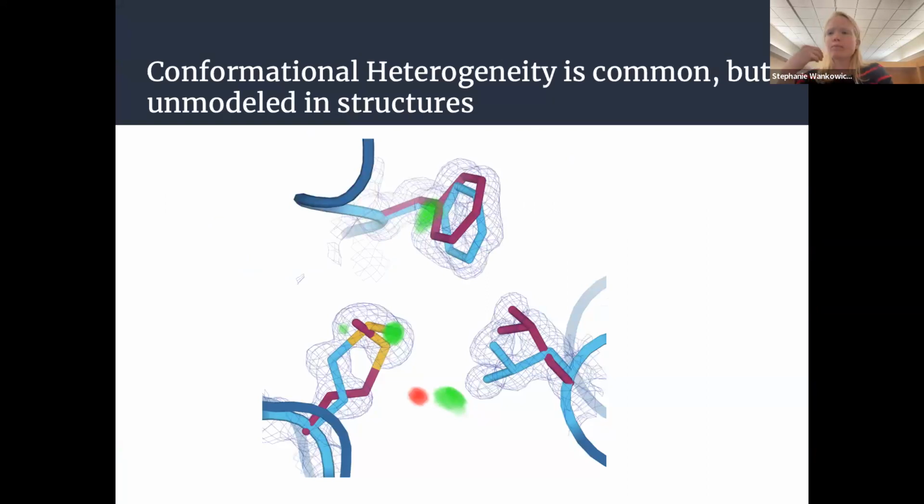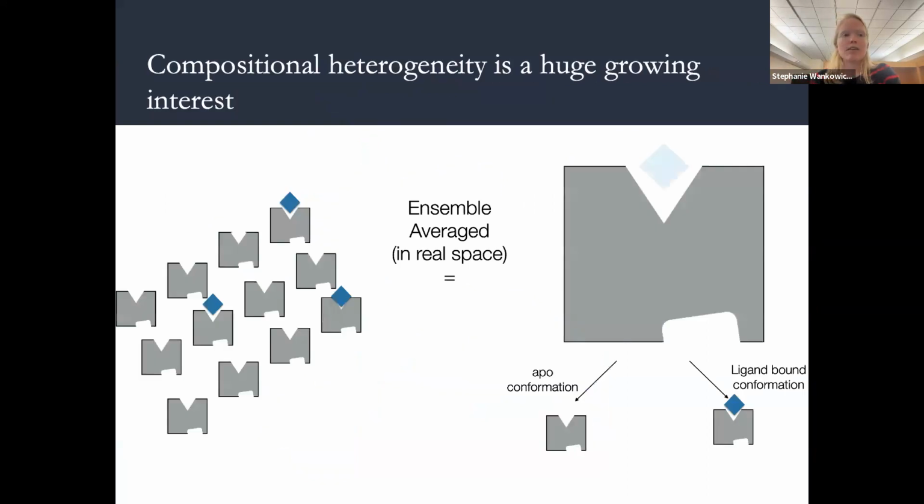And so I showed you some examples of how conformational heterogeneity is very common in experimental data, but it's often unmodeled in structures. And the other piece that really plays a role in this is what is called compositional heterogeneity.